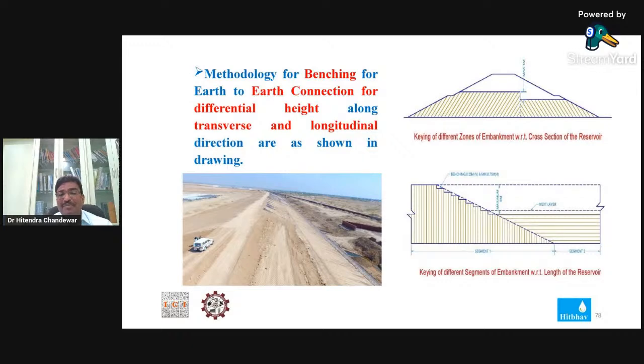So we have adopted a protocol that a toothing exercise, benching, shall be done. If this portion is the already executed embankment and this is the new embankment, then for proper keying they have to go with benching in the old embankment.